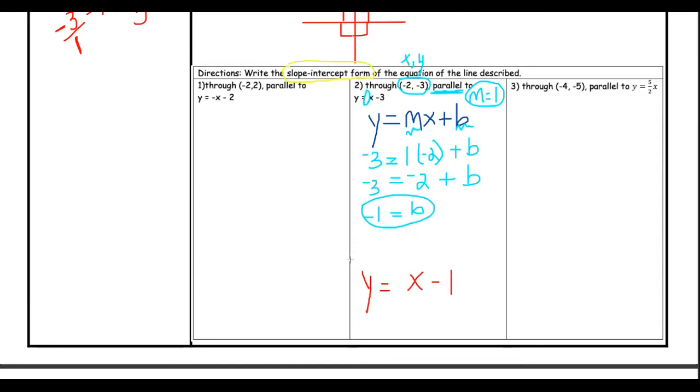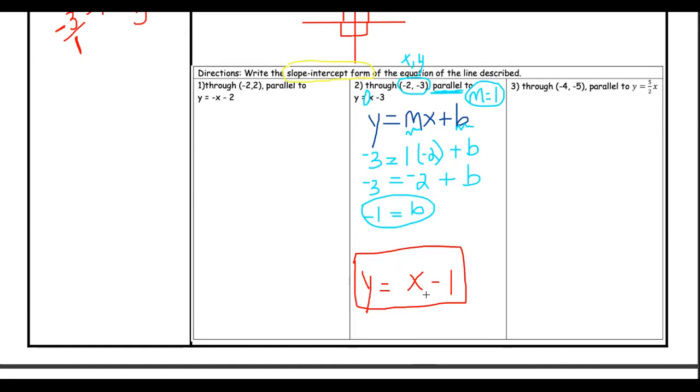You don't need to put plus -1. And this is your final answer. This is the equation of a line in slope-intercept form that has the same slope as this equation, and it goes through this point. This is your final answer, okay?